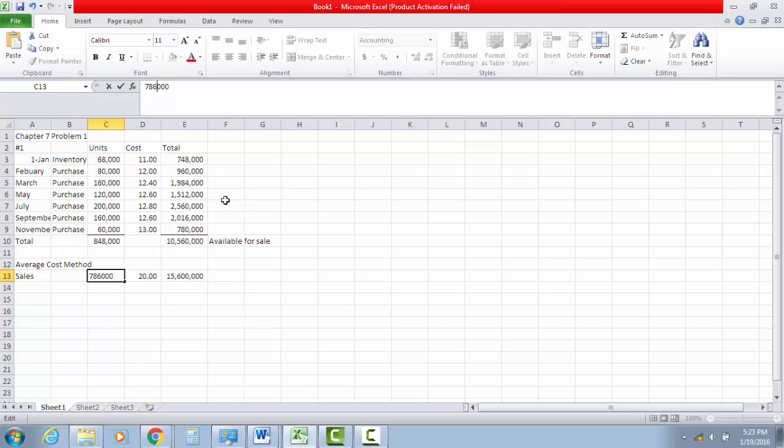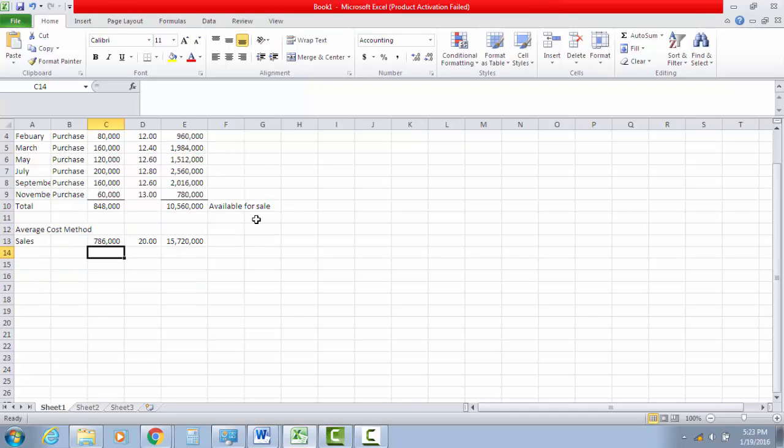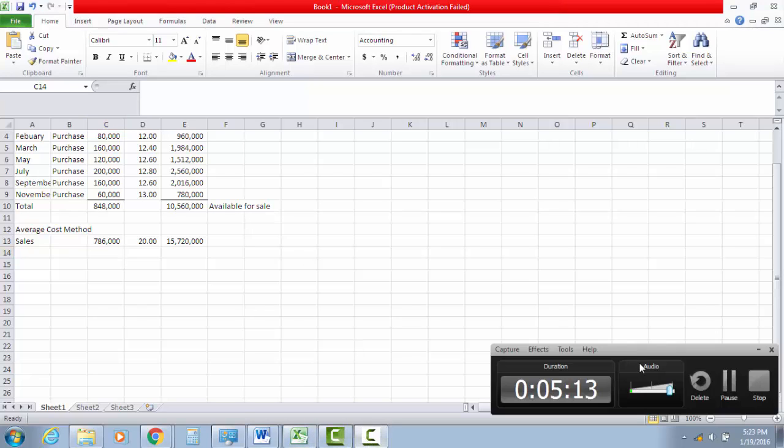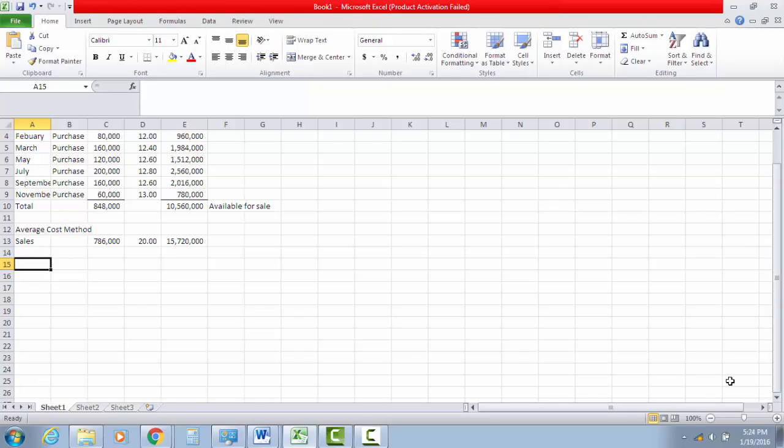So that will give us 15,720,000 that were sold. So the first step you would need to figure out is what is your ending inventory to calculate your net income, or your income before taxes.